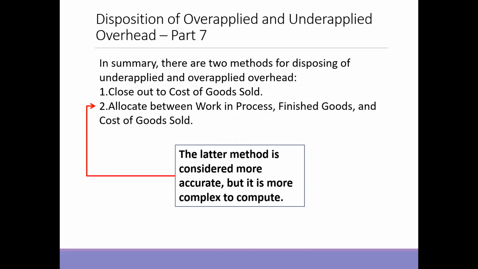In summary, there are two methods of disposing of under or over applied overhead. We can just take it right to cost of goods sold and zero it out. Or what we just did is we allocated it between those three accounts, because those goods are either still in work in process or finished goods, or we sold them.